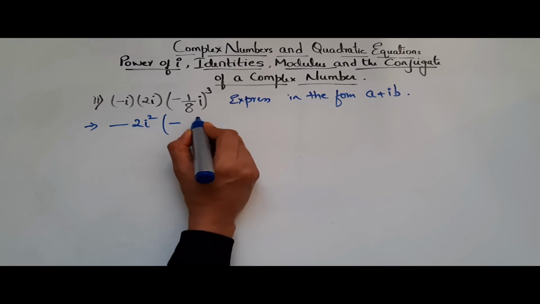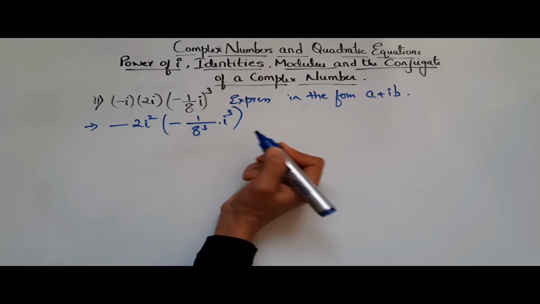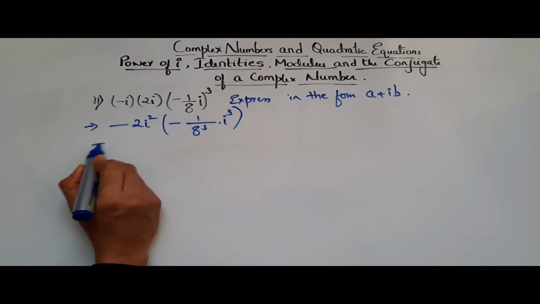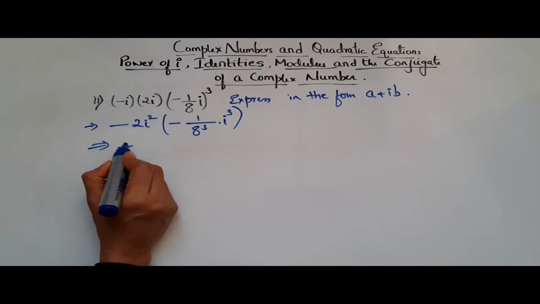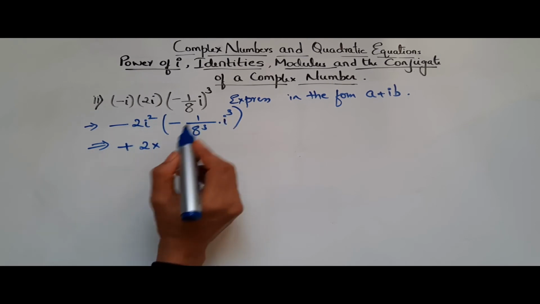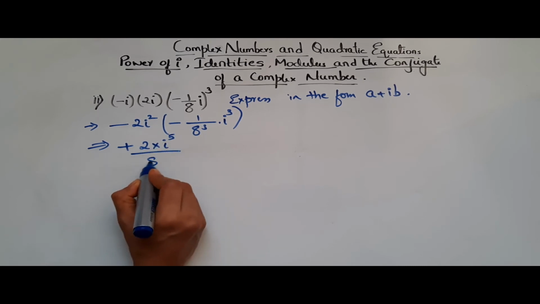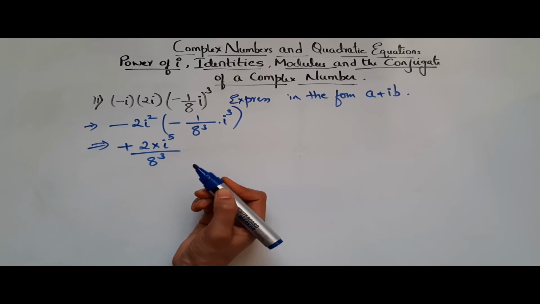So 1 by 8 cube into i power 3. This implies minus of minus is plus 2 into i power 2 plus 3 is 5, i power 5 by 8 power 3.